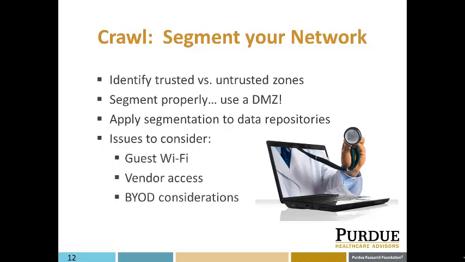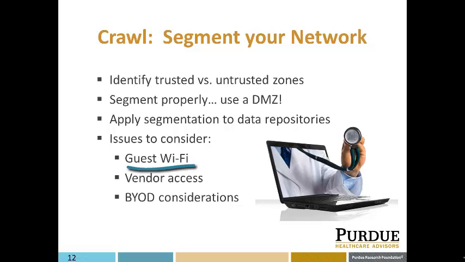So the common issues that you really need to consider when you're segmenting your network: guest Wi-Fi, vendor access, and bring your own device considerations. So your guest Wi-Fi is obvious, right? We extend this service to our patients so that we can make them more comfortable while they're in our facility.